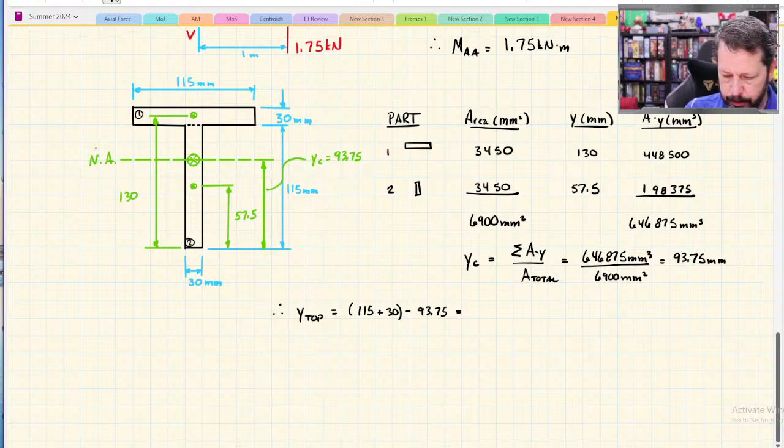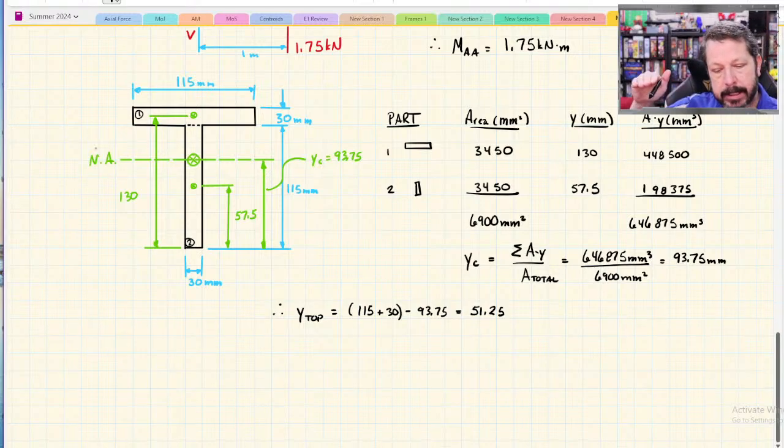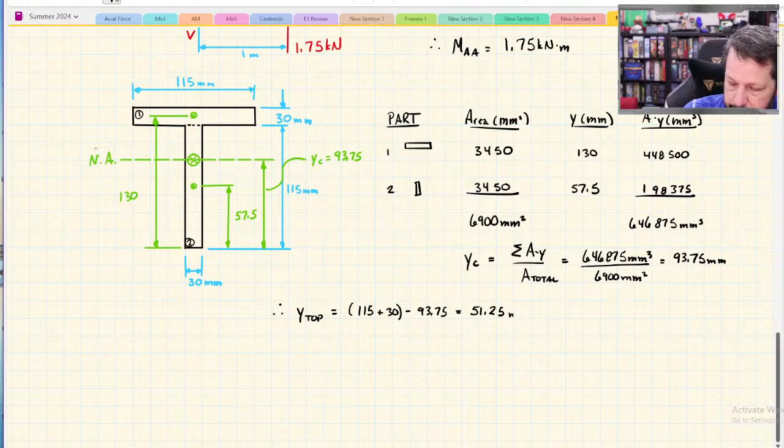Whoops, put the wrong number in. 115 plus 30 minus 93.75 is 51.25. So from the neutral axis to the very top surface of the beam is 51.25 millimeters. And we'll use that number when we're calculating the stress on top of the beam.